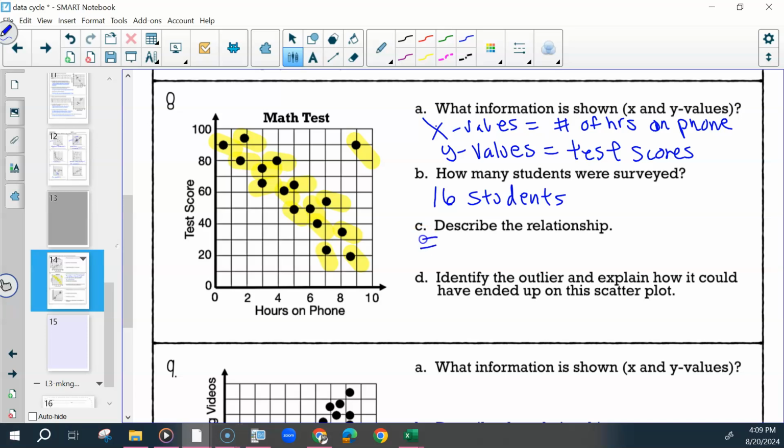So as the number of hours on the phone increase, I should probably say that specifically, sorry, the test scores decrease, and that would be a negative correlation.